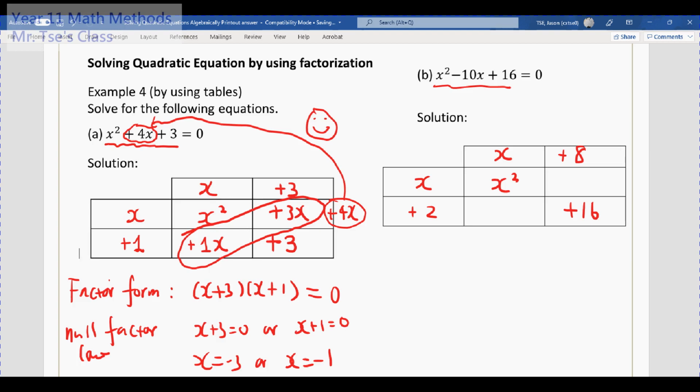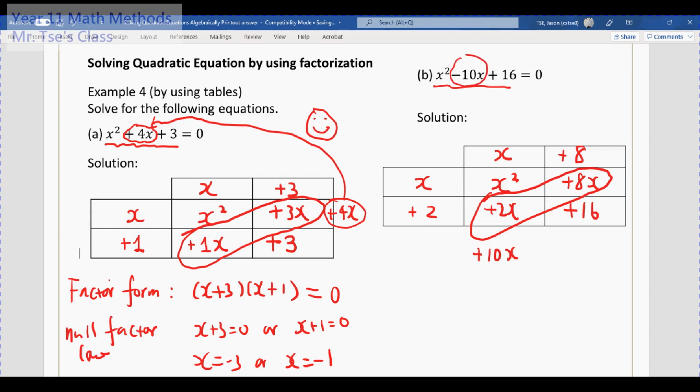Would that be okay? So let's see, plus 8x plus 2x. Okay, when you add them up, it becomes plus 10x. Oh, it's very close. But the problem is the sign is not plus, it's minus, right?